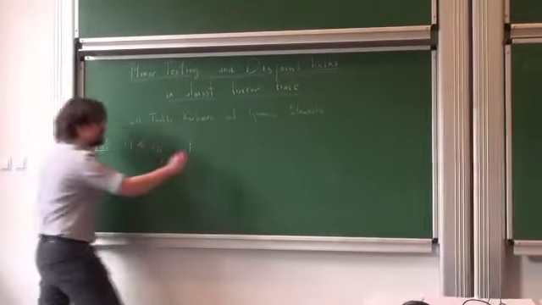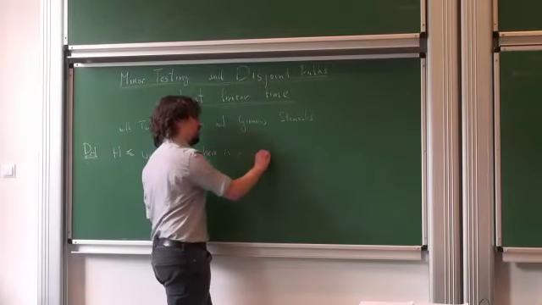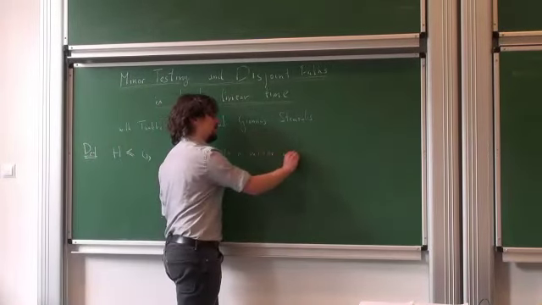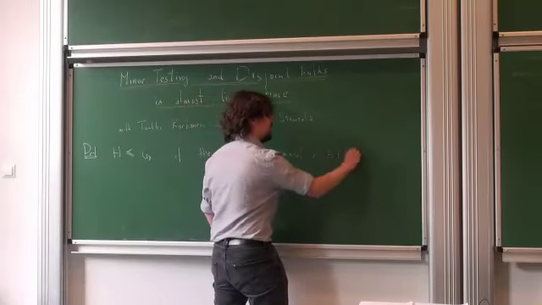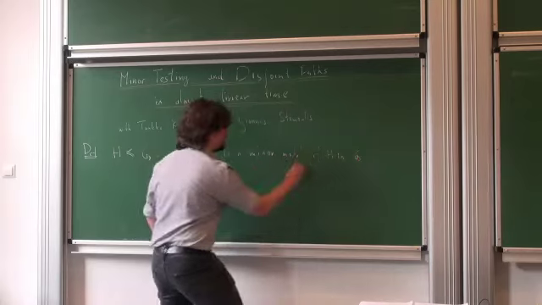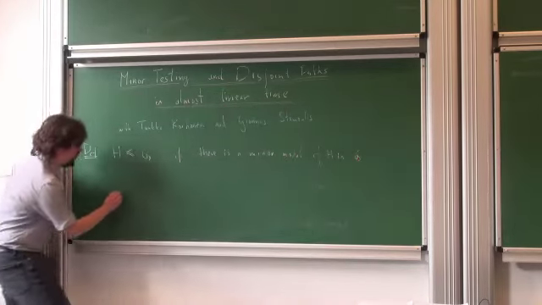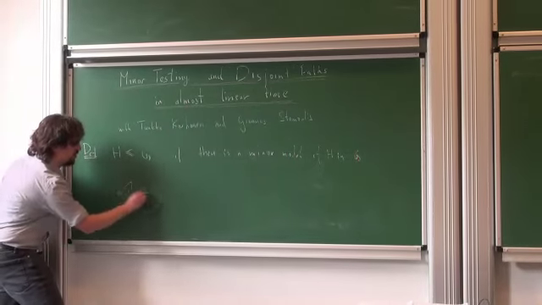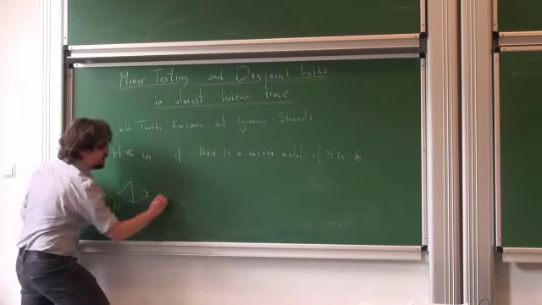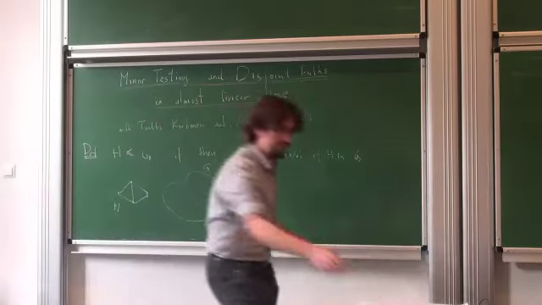if there is a minor model of H in G. So what is a minor model? Maybe instead of giving a formal definition, I will draw a picture first. Here is our favorite graph H that we would like to embed in some larger graph G as a minor.